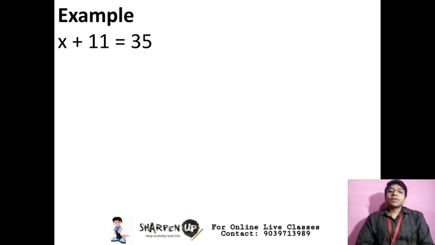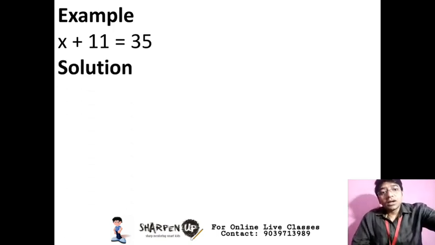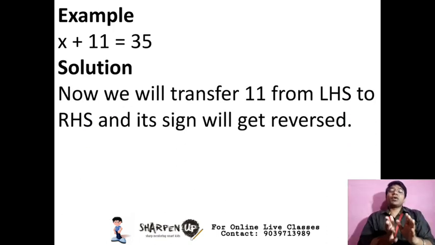So what will I do? I will eliminate 11 from here. If I am using the balancing method, then I will subtract 11 from both sides, and I will get the value of x. But here I am using the transposing method. So if I transpose 11 from LHS to RHS, then obviously the sign will change.